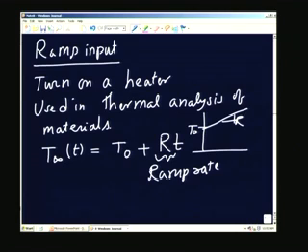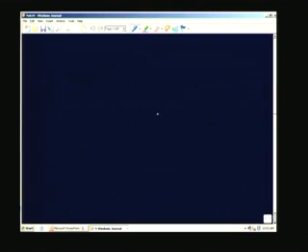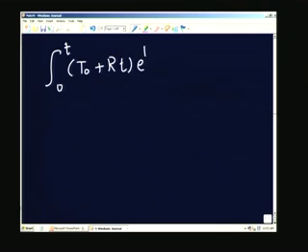And now the temperature of the sensor may be either higher or lower than the T naught to start with, and we would like to know what is going to happen. So, all I have to do is to go to this general solution which we worked out previously, and all I need is an integral of this form, 0 to t, instead of T infinity I have T naught plus R t, e to the power of t by tau dt.